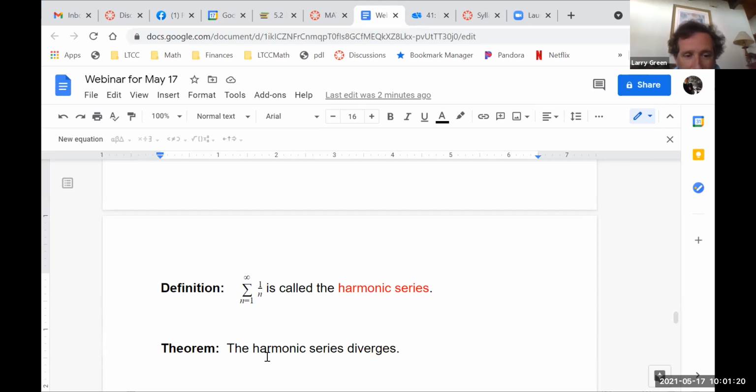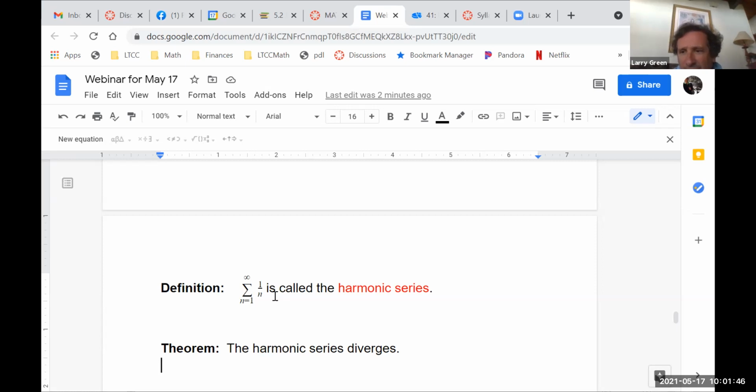And the theorem is: the harmonic series diverges. Okay, that is not obvious at all, because we're talking about 1 plus a half plus a third. And if you notice, as n gets really big, we're not adding much, right? If n is 100, we're only adding 1 over 100.